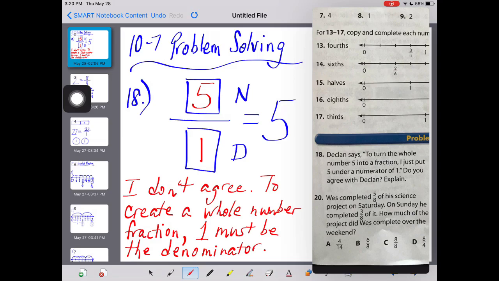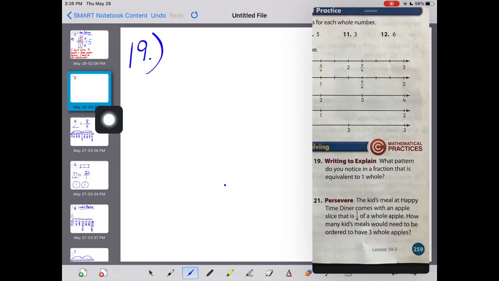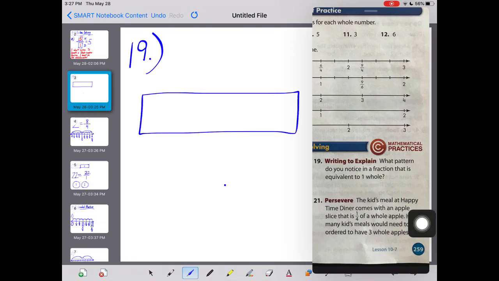All right, let's move on to 19. Number 19, writing to explain. What pattern do you notice in a fraction that is equivalent to 1 whole? So I want you to be thinking about 1 whole, and how would you show that as a fraction?